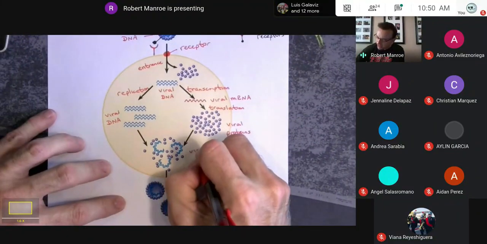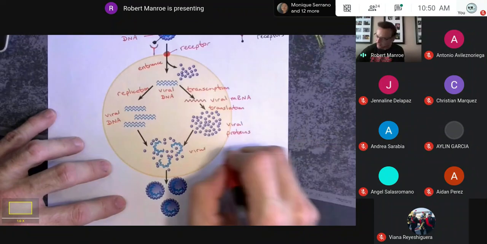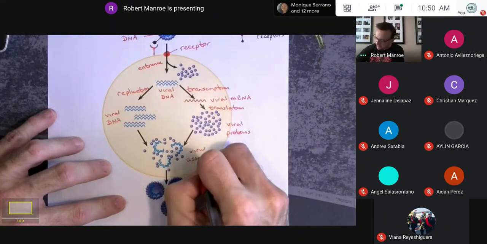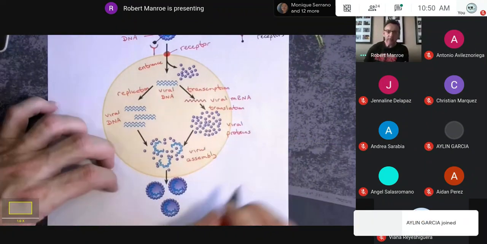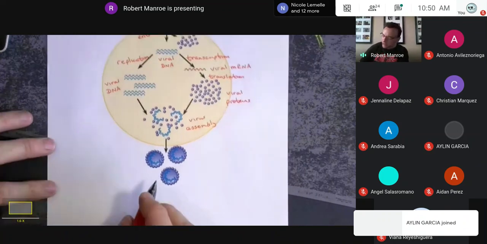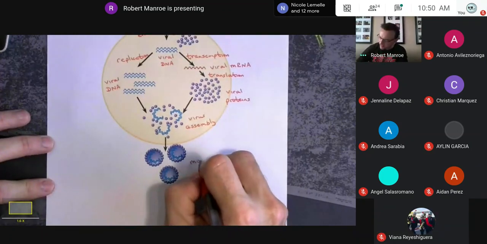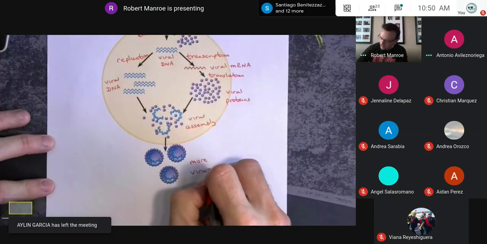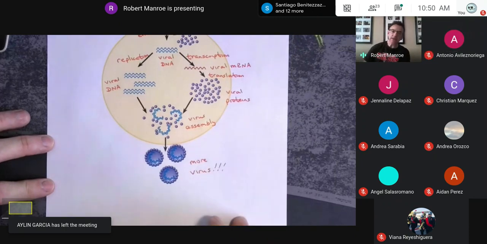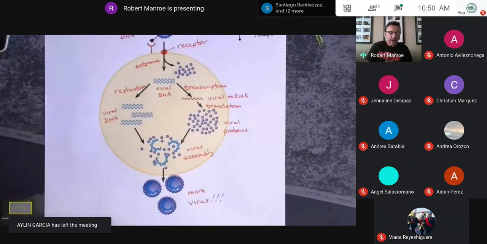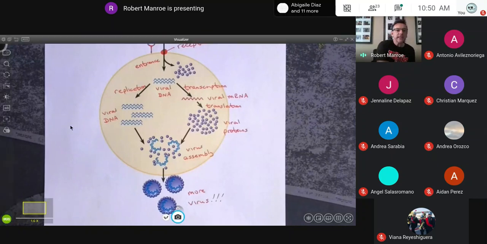And then this viral DNA and viral proteins are assembled in what we call, really fancy name, virus assembly or viral assembly. And then what is produced? More viruses. More virus, okay?